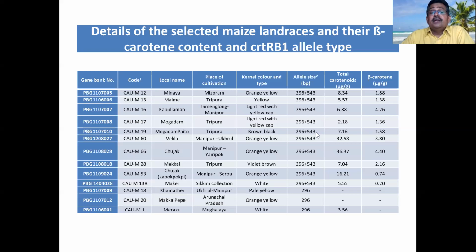Whenever we screened the germplasm, it was either heterozygous or a negative allele, 296 base pair. We don't get the 543 base pair homozygous line, which is needed for the transfer of beta carotene to our elite hybrid. When you estimate the carotenoid also, it is only 1 to 4 ppm.